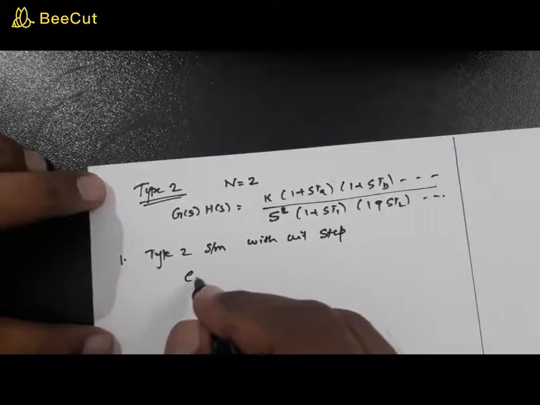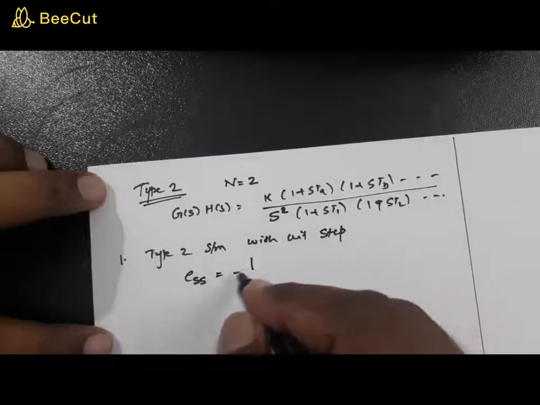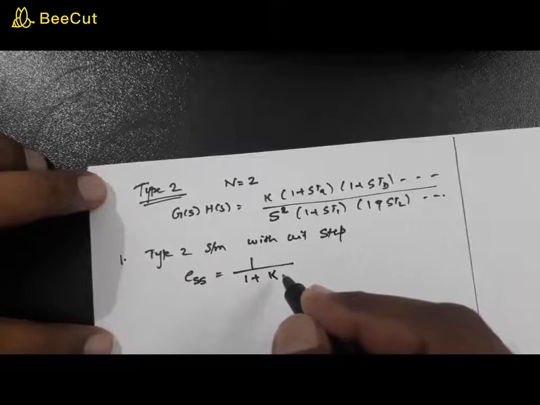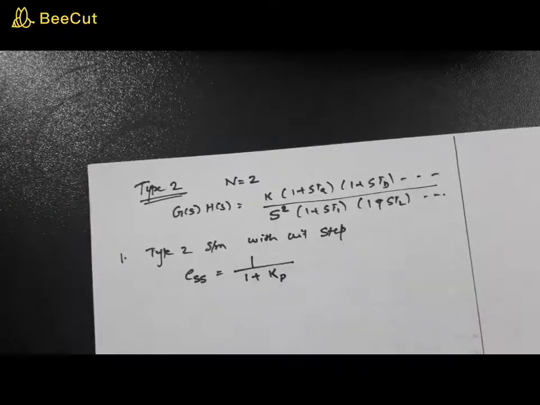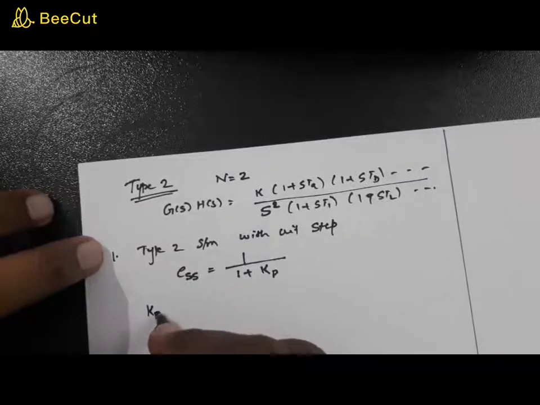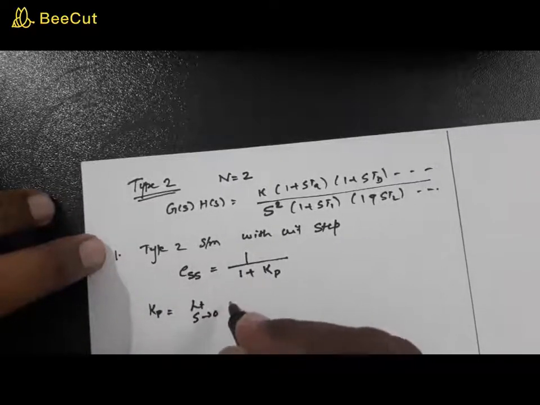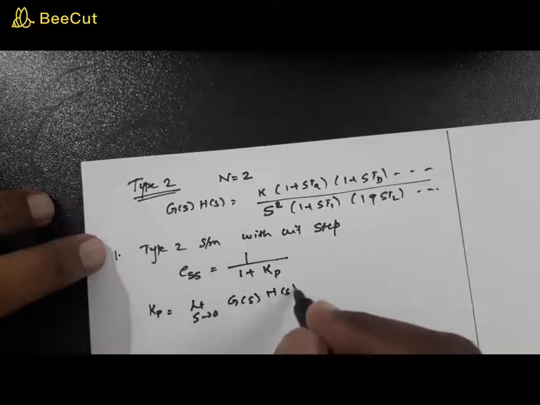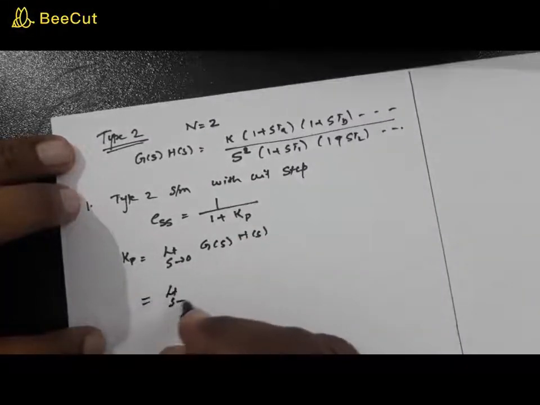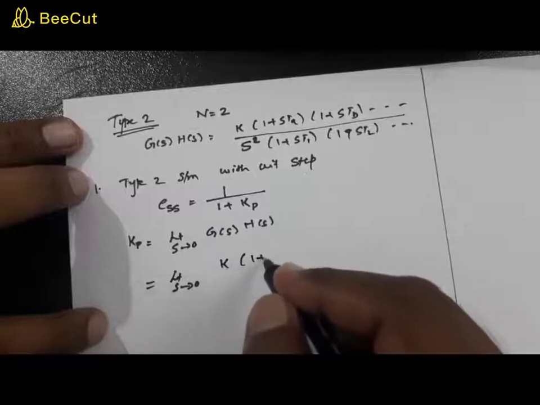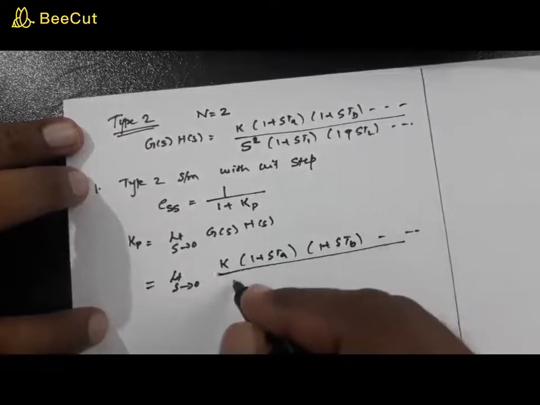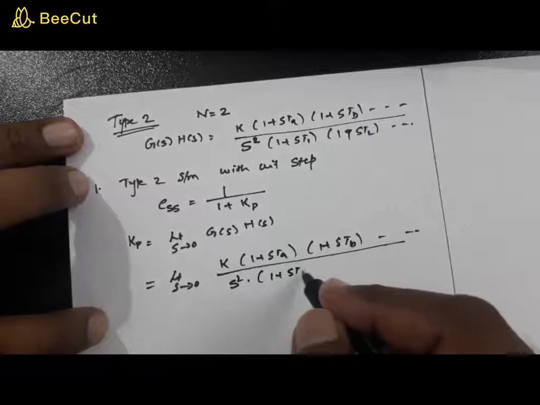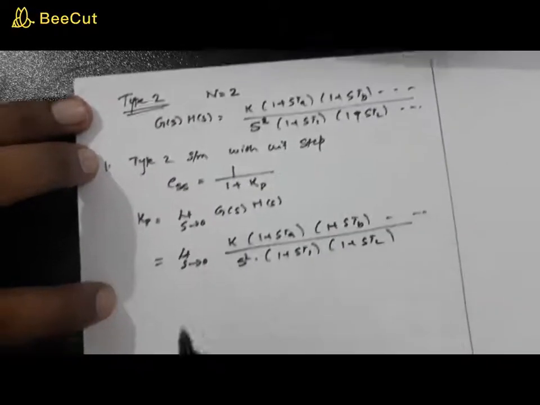Now we have already seen that the steady state error for a unit step input in terms of the positional error coefficient is given by 1/(1+Kp), where Kp = limit s tends to 0 of G(s)H(s). Rewriting this term, we get limit s tends to 0 of K(1+sT_A)(1+sT_B)... divided by s^2(1+sT1)(1+sT2), meaning that there is no term to cancel.